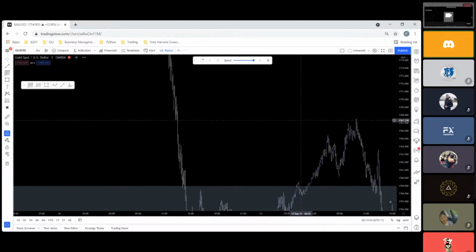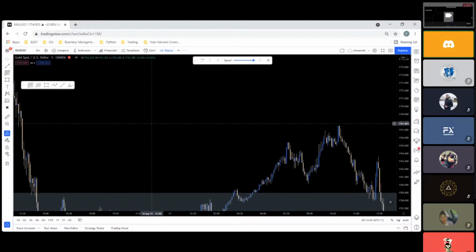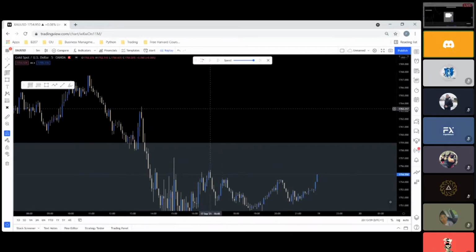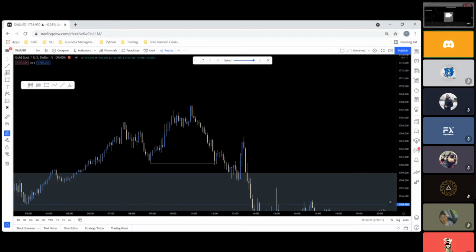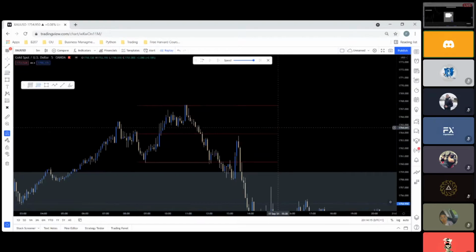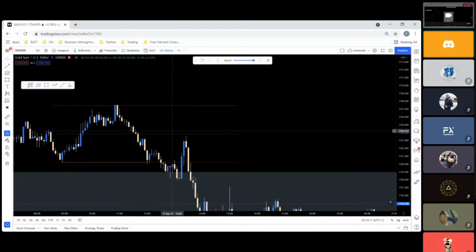I failed to acknowledge that it filled this inefficiency really nicely, and then it just started dropping off. But when this structural point was broken, I looked at this as a newly created order block, and I took 50% of it. It doesn't always have to be exactly 50%, it's about what is happening with price.